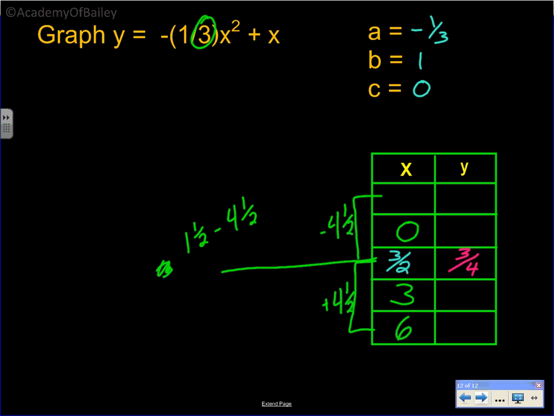So 1 and 1/2 minus 4 and 1/2. Let's just do minus 1/2: 1 and 1/2 minus a half gives you 1. And now we're left with 1 minus 4, which is negative 3.